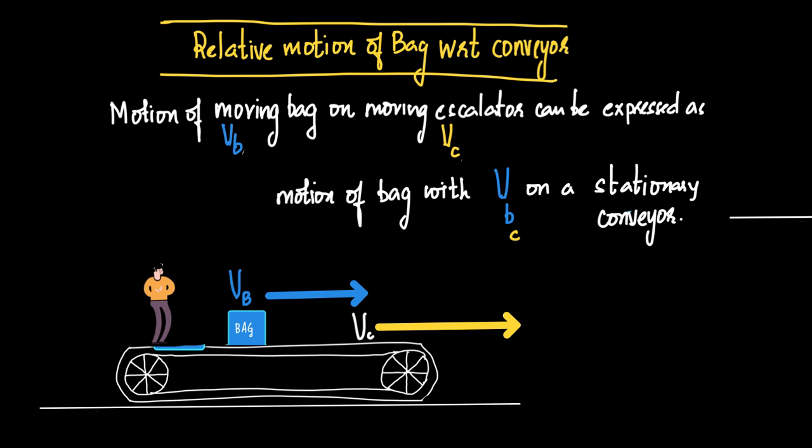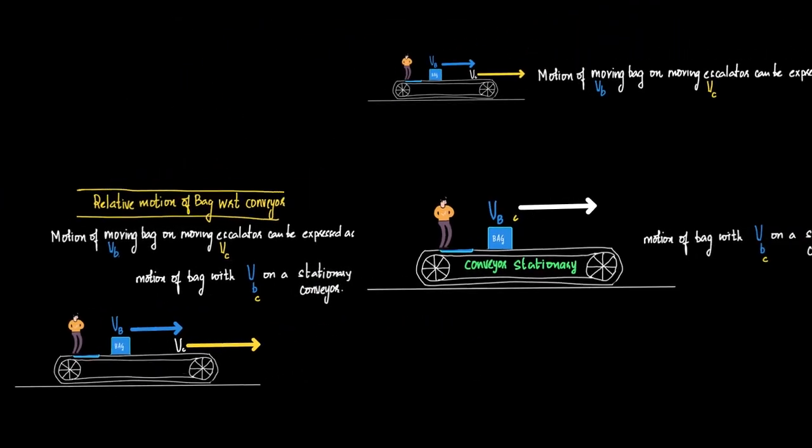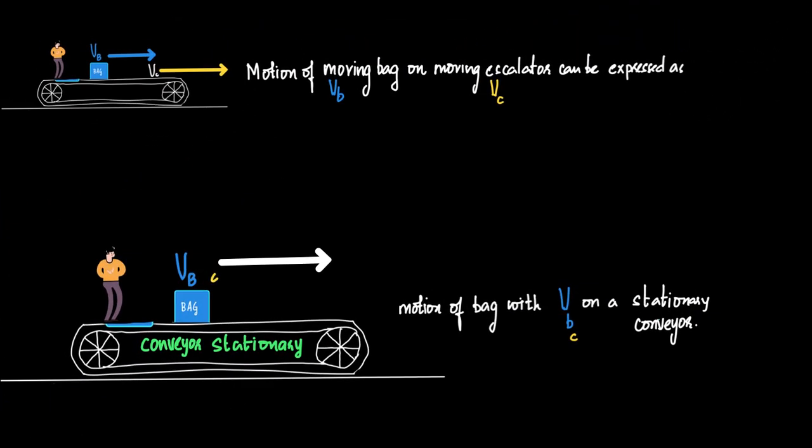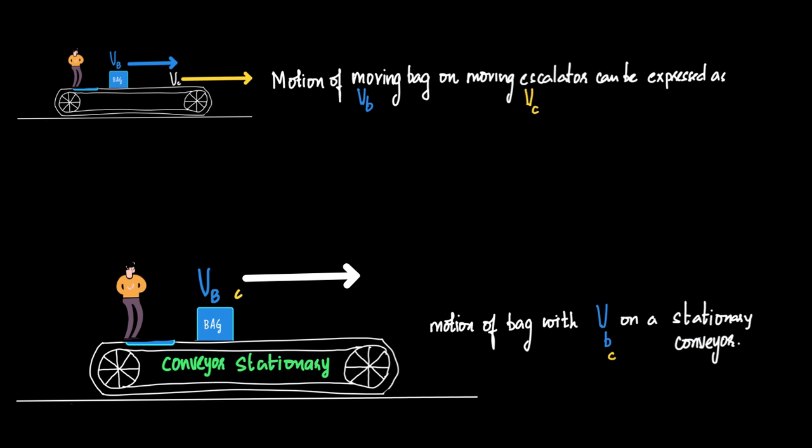Okay, so here we have an observer who is observing the bag and the conveyor. Both of them are traveling at velocity Vb and Vc. Now when you study this in relative motion, the motion of a moving bag with velocity Vb on a moving escalator with velocity Vc can be expressed as the motion of a bag with velocity of bag with respect to conveyor on a stationary conveyor.